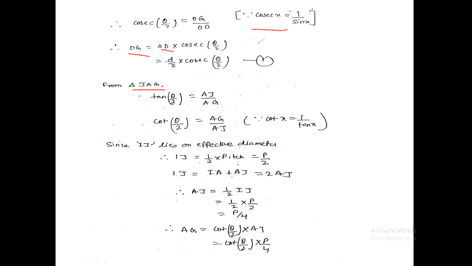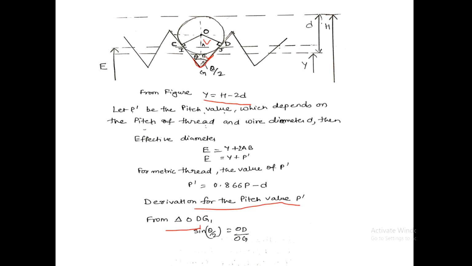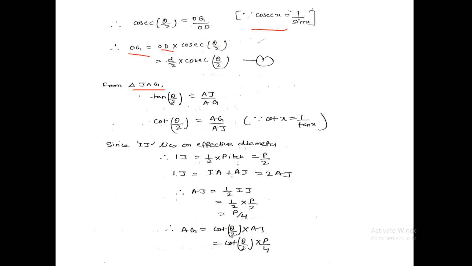From triangle JAG, this triangle and this one, tan theta by 2 is equal to AJ by AG. What will be cot theta by 2? As we know, cot theta is equal to 1 by tan theta. It will be AG by AJ.